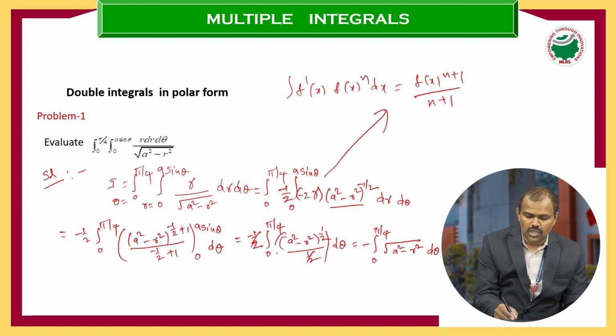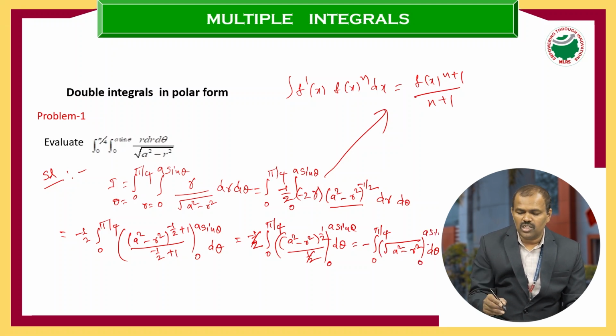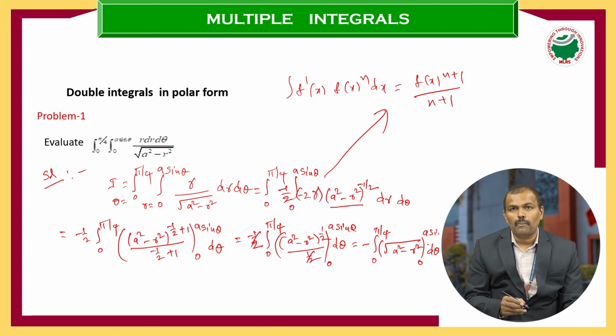After applying the limits, we can integrate 0 to a sin theta. So this is 0 to a sin theta. Here, first upper limit is a sin theta, which we have to substitute in place of r, and lower limit is 0.